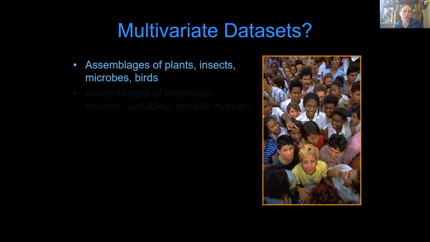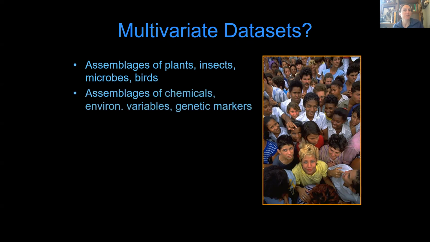Okay, so multivariate data sets, that's what this means, having multiple Ys. And we've already talked about a few of them, but they really can be rich and diverse, and can cross disciplines beyond just ecology. So, for example, we can think about diverse communities of people, plants, insects, microbes, birds. We could think about assemblages of chemicals. What are all of the phytochemicals in a plant?